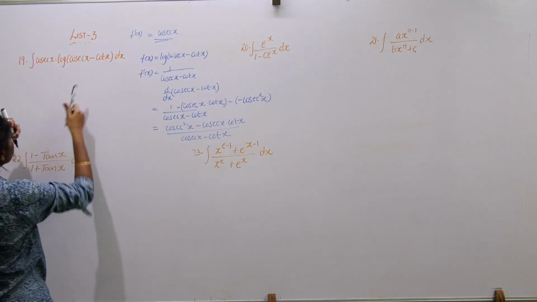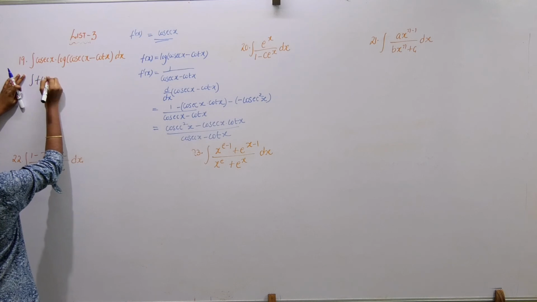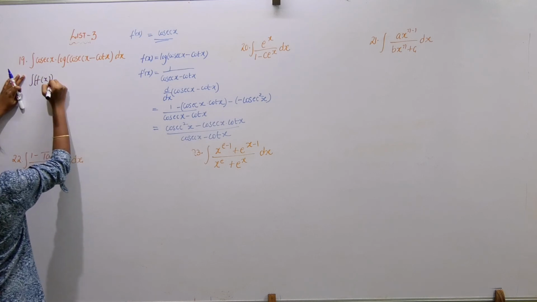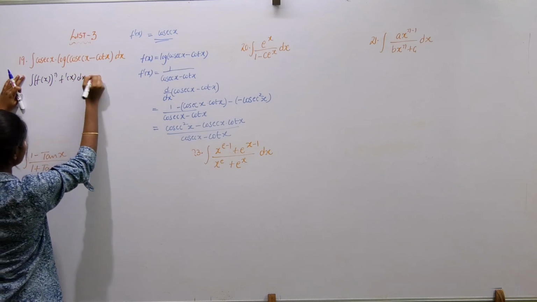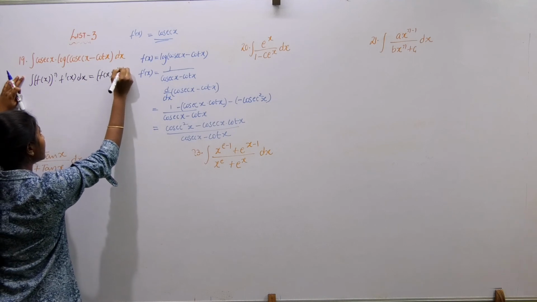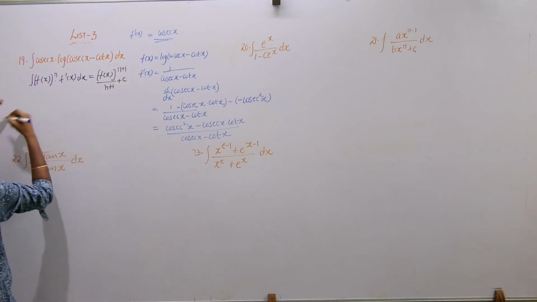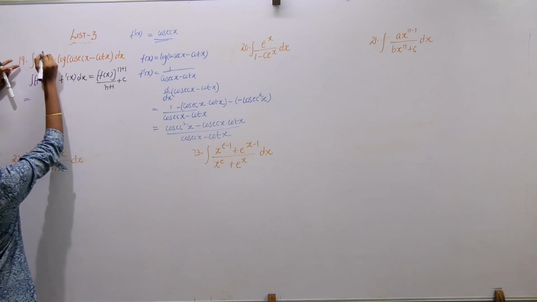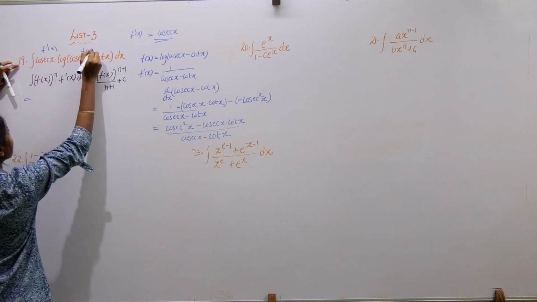So this is in the form of integral f of x whole power n into f dash of x dx, which is equal to f of x whole power n plus 1 by n plus 1 plus c. This is f dash of x, this is f of x.